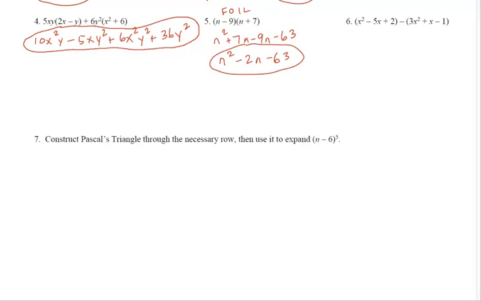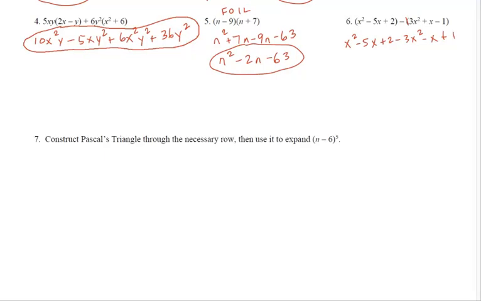Number 6, we're going to be subtracting polynomials. So I would encourage you to distribute negative 1 to this second polynomial. So negative 1 times 3x squared, negative 1 times x, negative 1 times negative 1, and then combine like terms.